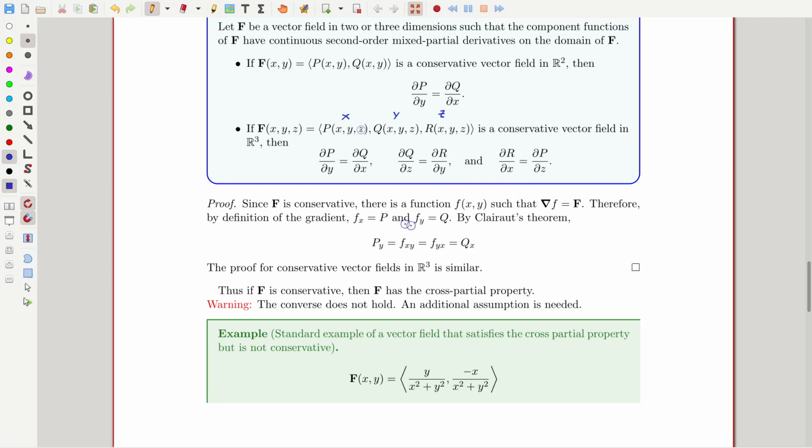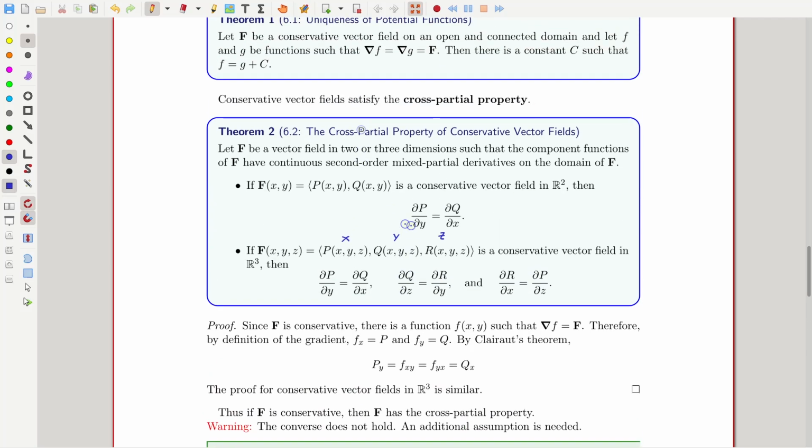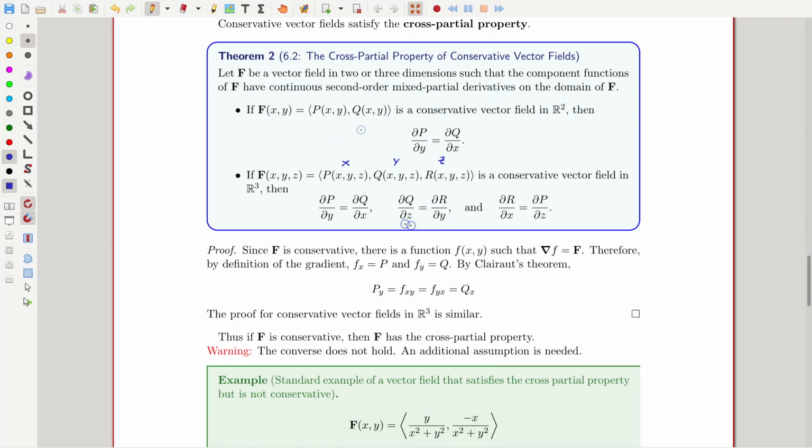So there we have it. That's why this is called the cross partial property. Later on, we'll see that this can be expressed in a different way involving an operation called the curl. But you'll have to wait till I think it's 6.5 for that.